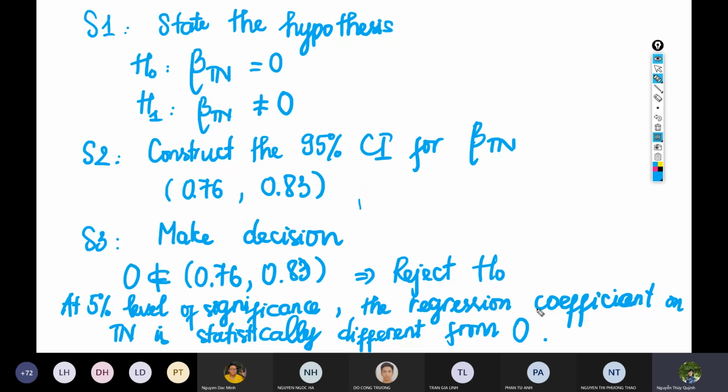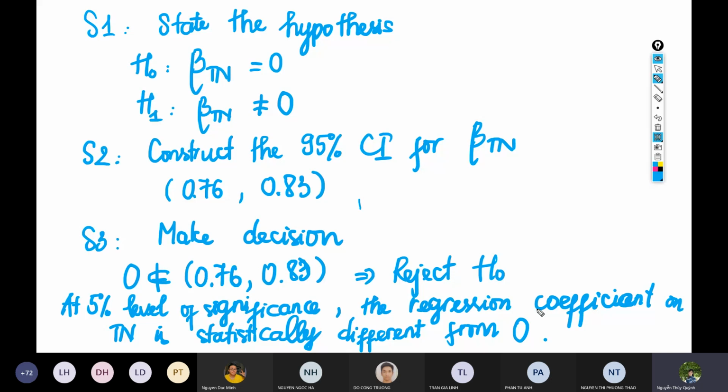So that is the confidence interval approach. For a two-sided test, we can easily use the confidence interval approach, but in practice, we usually use the second approach, the test of significance approach.